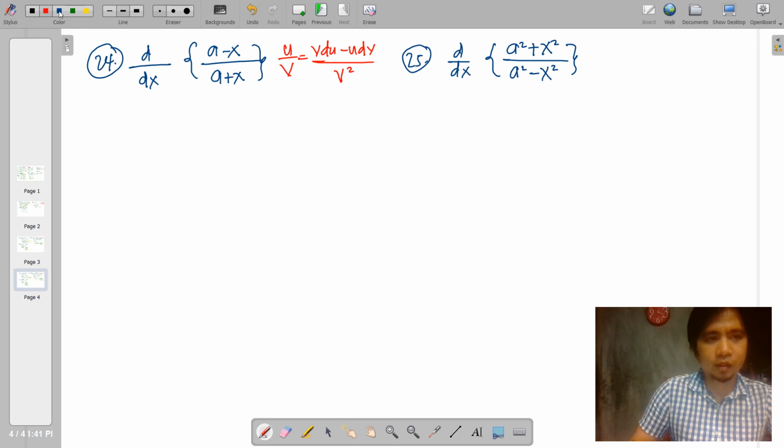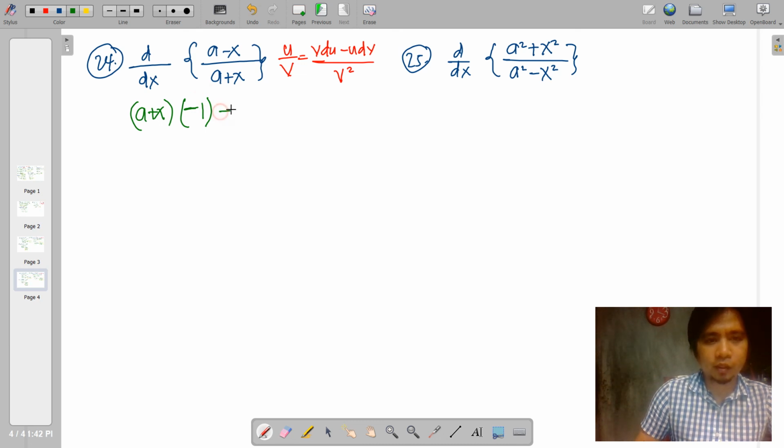So executing that one, what is our v? This is a plus x. Just have to copy that. Differential of the numerator. So of course, constant yung a dito, 0 na yan. So maiwan is negative dx all over dx, or negative 1.